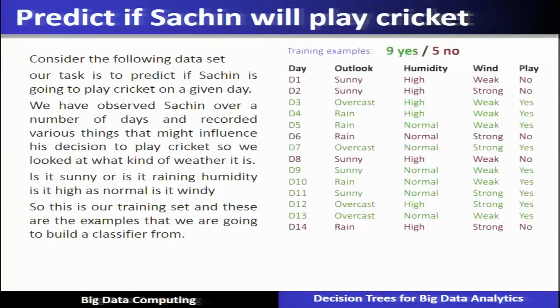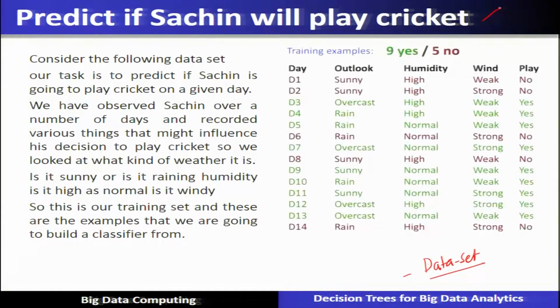Let us see a simple data set, and let us see what kind of predictions this decision tree will be able to make. To understand in a very simple manner, let us consider this data set as a query.